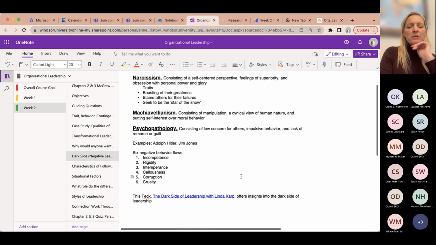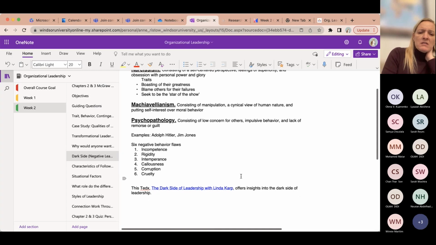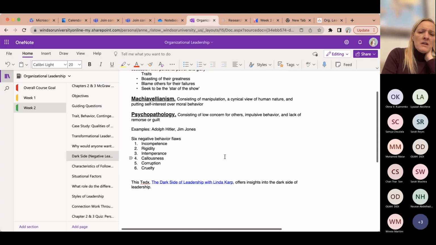Some examples were Adolf Hitler, Jim Jones, and the flaws that negative behaviors have is the rigidity, the callousness, the cruelty, corruption, and incompetence.